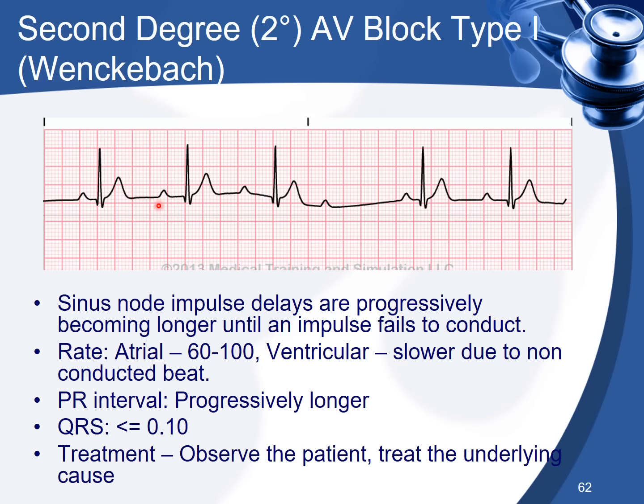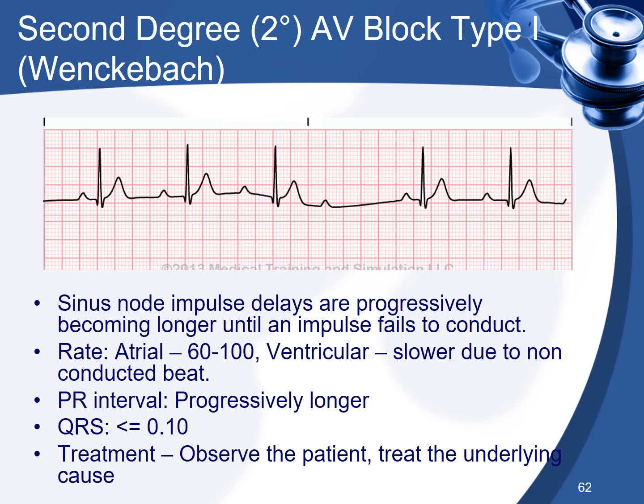Your second beat has a longer PR interval. The third beat has a longer PR interval. And then you have a P wave that does not have a QRS after it. So that means that the signal did not go down into the ventricle. Then the next one, again, you have normal, long, longer, and then you drop one.